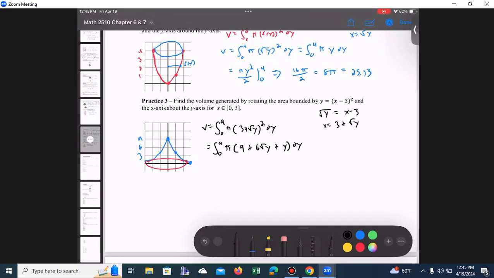So we'll have pi times 9y, and then this will be y to the 3 halves. We'll divide by 3 halves, which is the same as multiplying by 2/3. So we'll have 6 times 2 over 3, which would be 4, plus y squared over 2, integrated from 0 to 9.